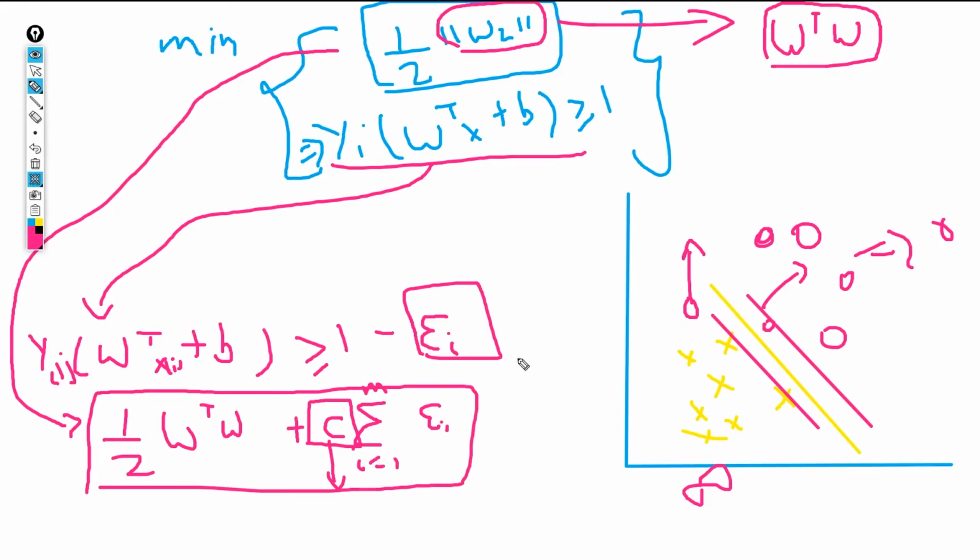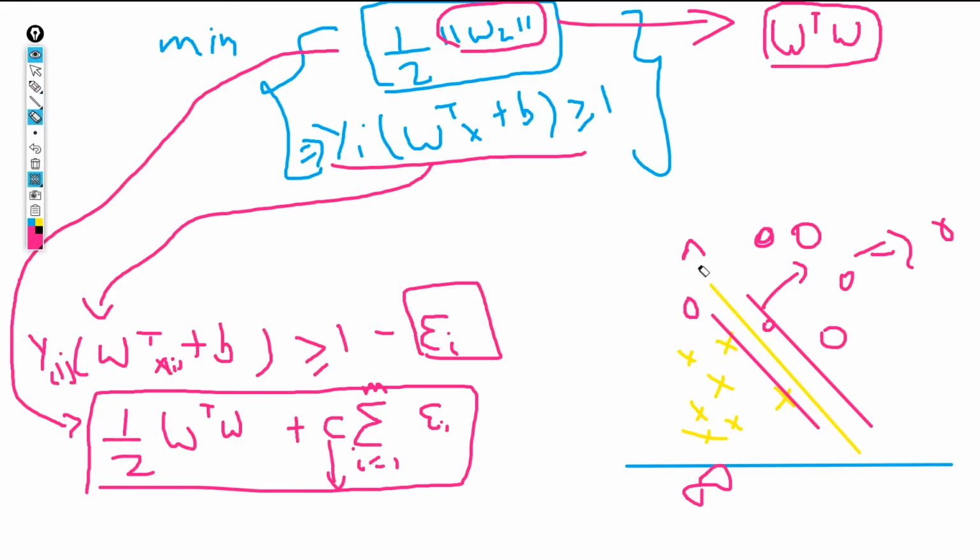If you take c as infinity, it means you cannot minimize this, and that is going to be very big, so you will not allow any error. But if you are taking c as a very small value, then you can allow some error here. So that is how c is going to affect here.